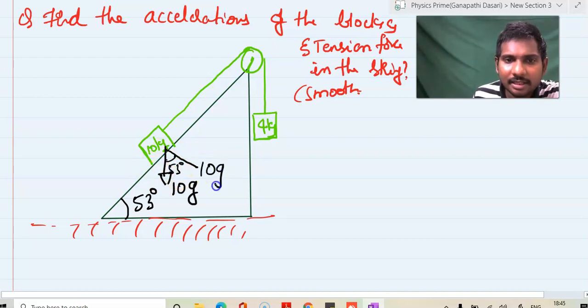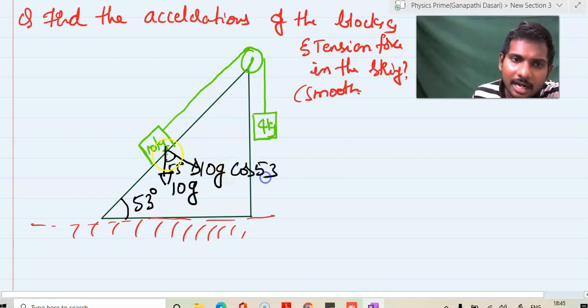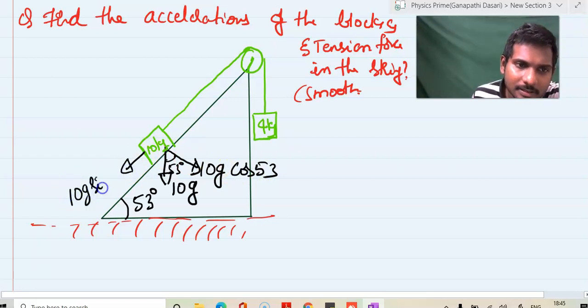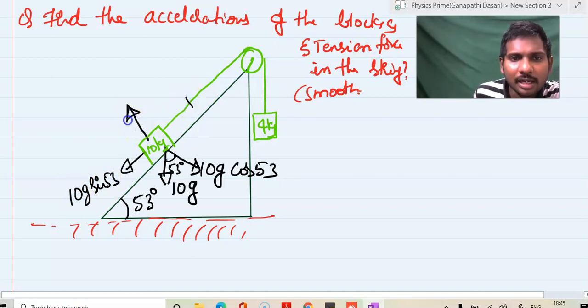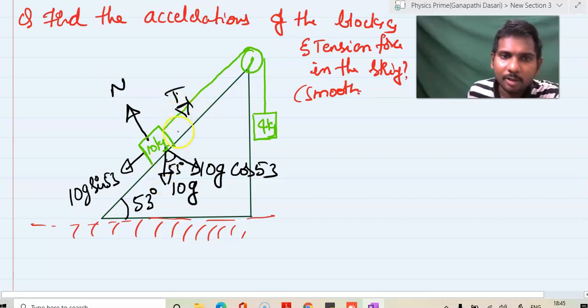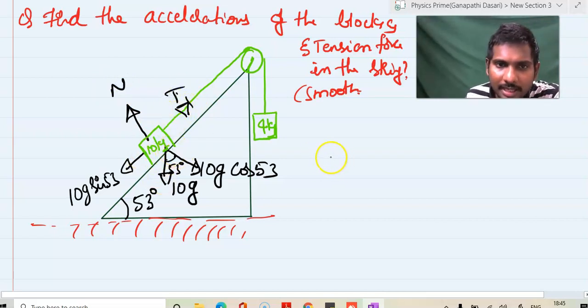Perpendicular to the inclined plane, this will be 10g cos 53, and parallel to the inclined plane there will be 10g sin 53. Then there will be the normal reaction due to the inclined plane on the block, and then the tension due to this string, pulling it.